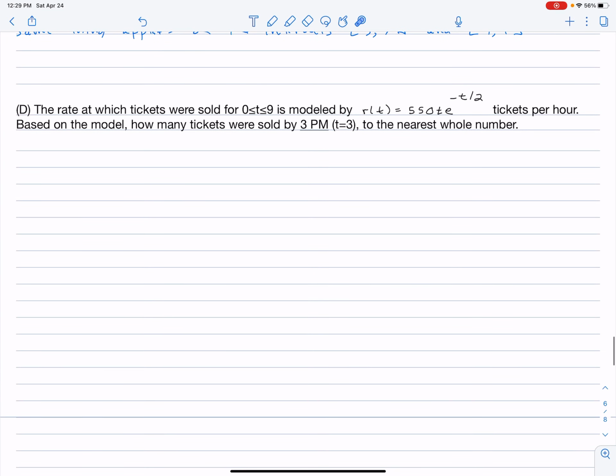So what do we got here? For this last one, they want to know the rate at which tickets were sold on 0 to 9, modeled by this function, given in tickets per hour. So this is a rate of change, a derivative. Based on the model, how many tickets were sold by 3 p.m.? This is really straightforward. All they're asking us to do is take our function and evaluate it at 3.